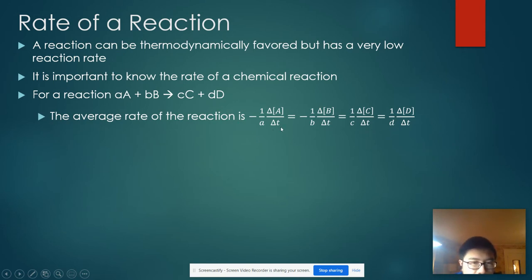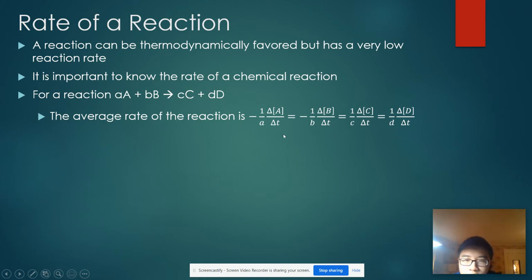As you can see, in this case, we divide each term by its own coefficient, because different coefficients will affect the value of the change in reactants or products over the change in time. This value and that value can be different because they have different coefficients, so the rates of change of them can be different.